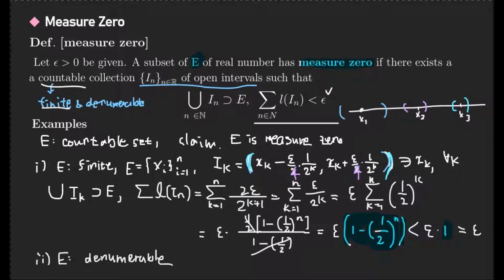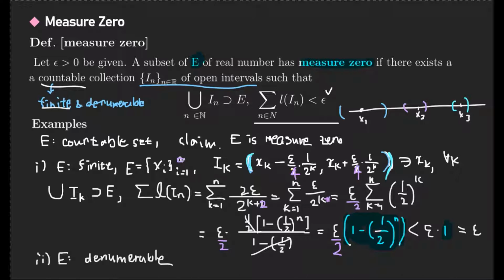Then this is 2k2, and this k plus 1, this here, and this here. The reason is here: if k is 2, this guy is 2, the denumerable case is just a change.